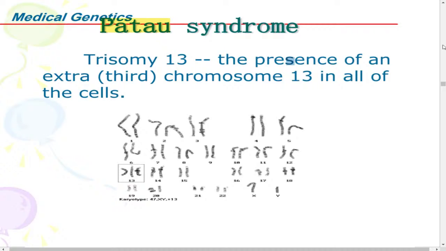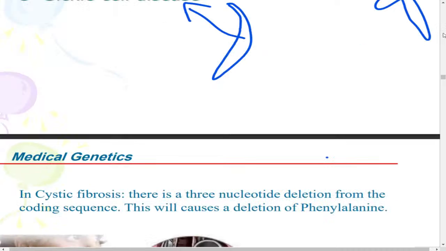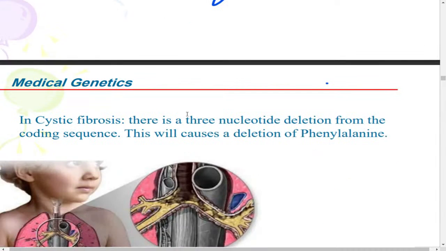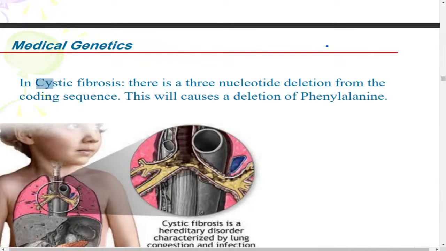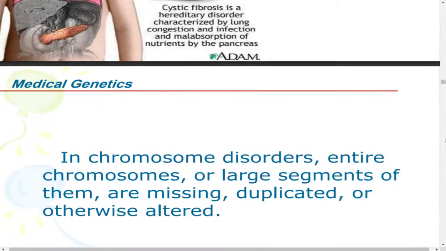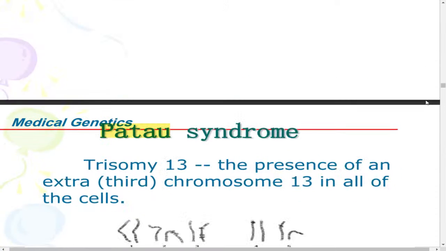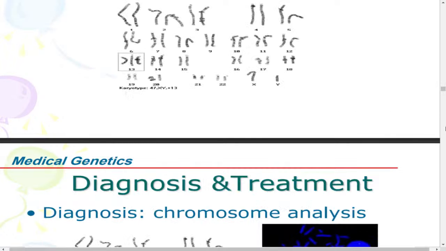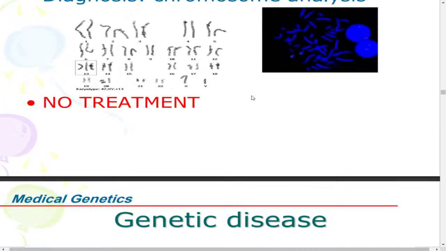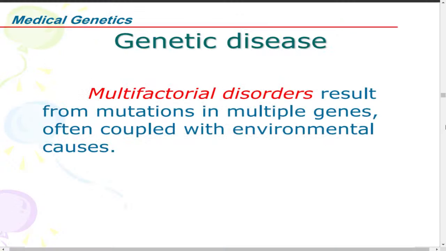Even in cystic fibrosis, there is no possible or easy solution and treatment, which is caused by a disorder in the gene, while this one is a disorder in the chromosome. There is no treatment, but it can be easily diagnosed.